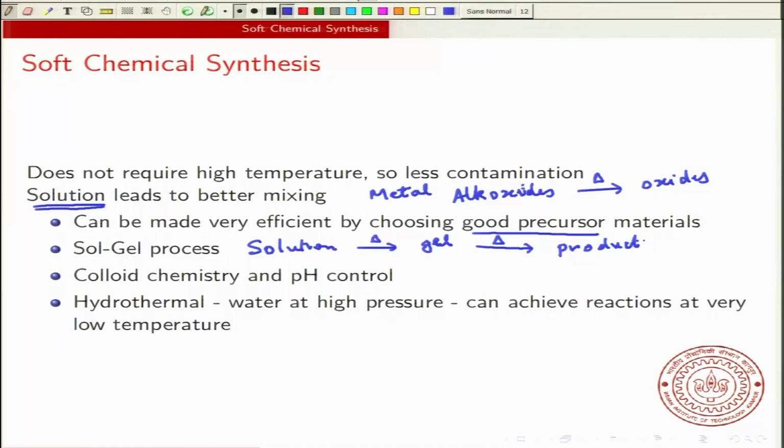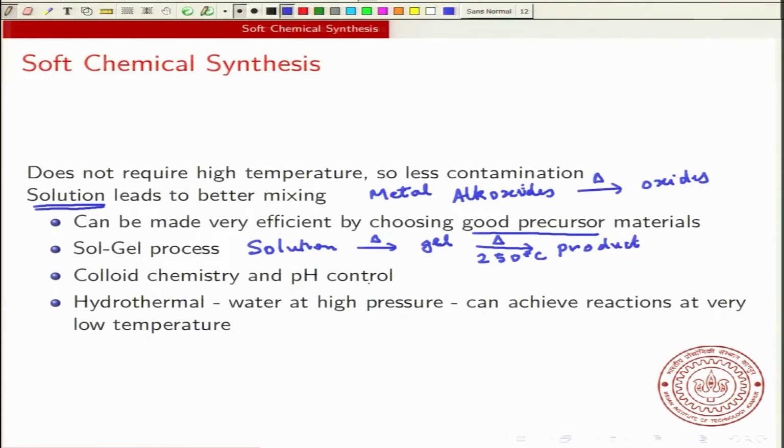This gel is then introduced in your solid state reaction, and here the temperature is typically much lower. For example, in this procedure you can get spinel using a temperature of just 250 degrees centigrade. There are a lot of other things in this process. For example, you can use colloid chemistry and control the nature of the products using pH.